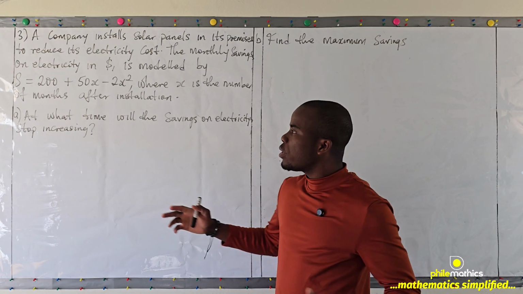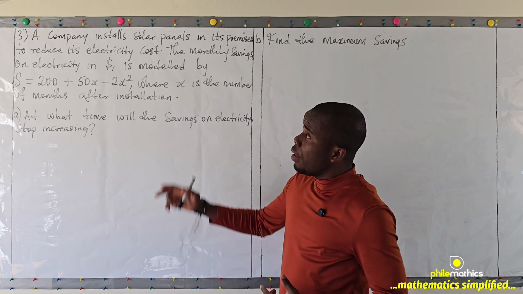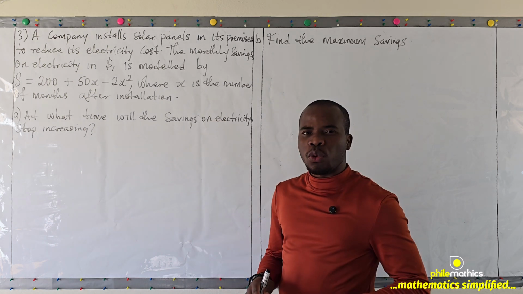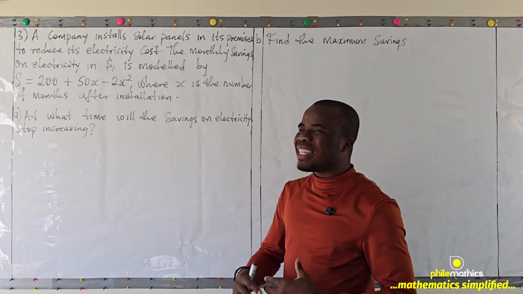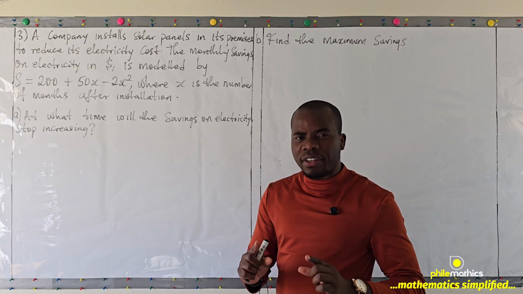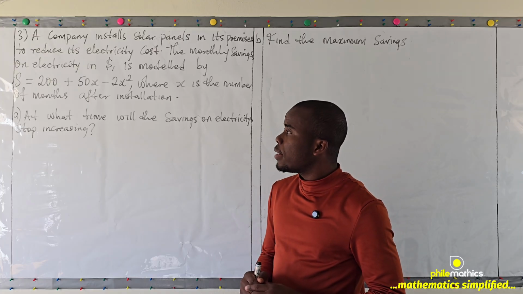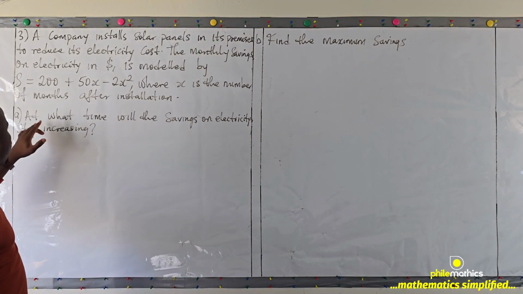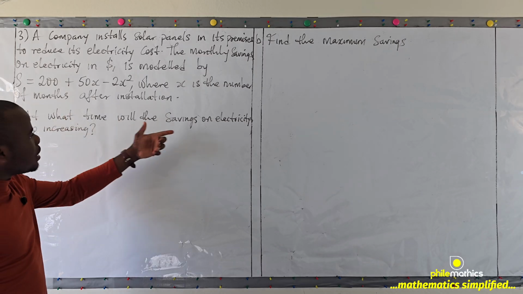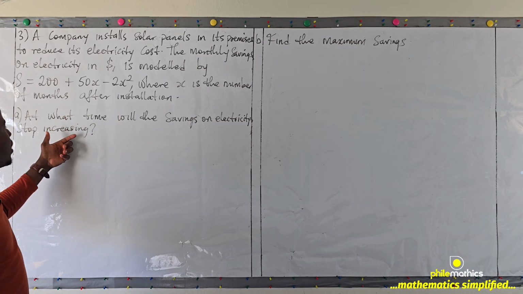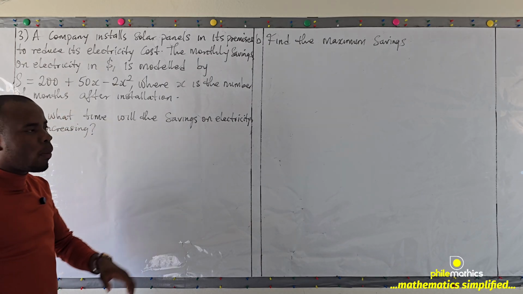So how we approach this will be two ways. Meanwhile, if you look at this question, you will notice that this is an application of differentiation. For us to find what time the savings on electricity will stop increasing, this is a critical point.